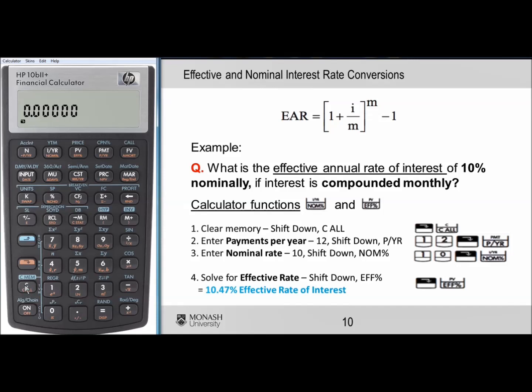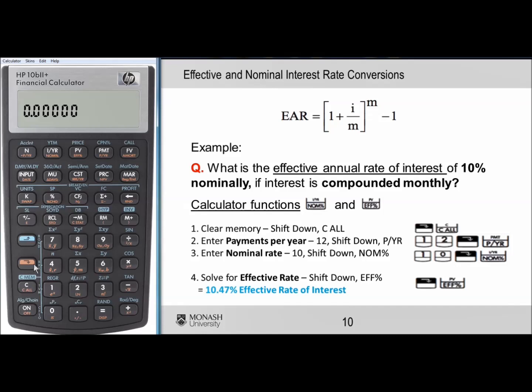By clearing all memory, you should be able to confirm which payments per year mode the calculator is set to. So it says 12 payments per year. If the calculator does not show 12 payments per year, you need to set the calculator into the correct payments per year mode. So in this case, it is 12 payments per year.